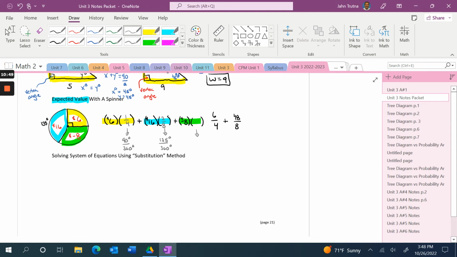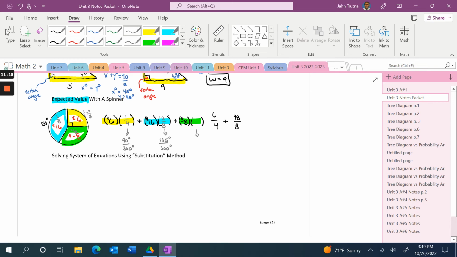Well, there's a couple ways you can do this. If the yellow section is 1/4, which is the same thing as 2/8, and if the blue section is 3/8 of the circle, 3/8 and 2/8 is 5/8. So to make a whole circle, that means the green section also has to be 3/8 of the circle. Notice 3/8 and 3/8 is 6/8. 6/8 and 2/8, which is 1/4, is 8/8.